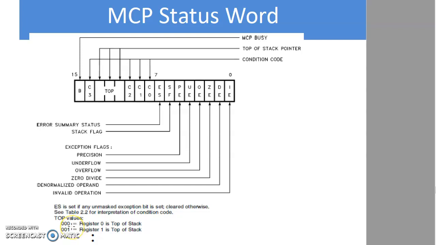If the value is 000, register 0 is top of stack. If it is 001, register 1 is top of stack, and so on. So the top of the stack is mentioned in this status register in 3 bits. So this is about the status register of 80387.